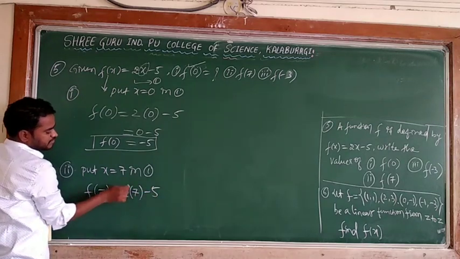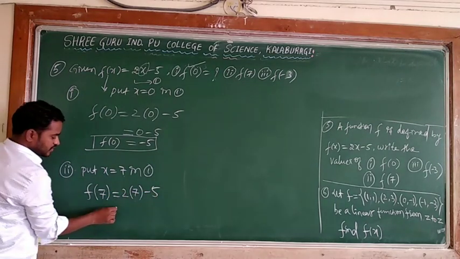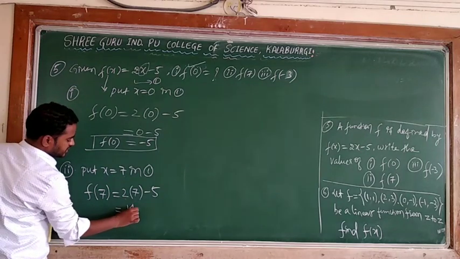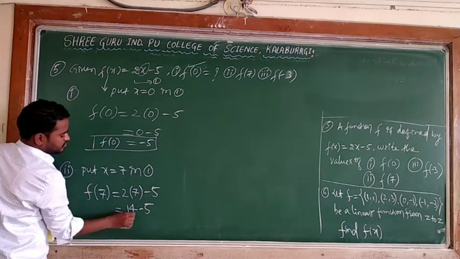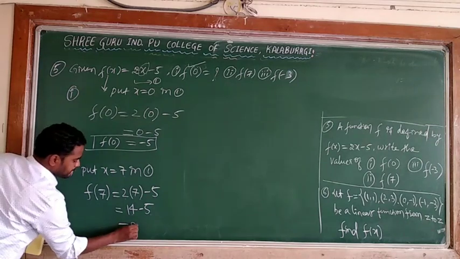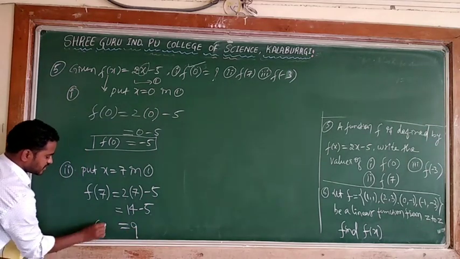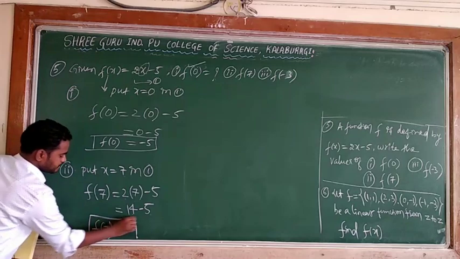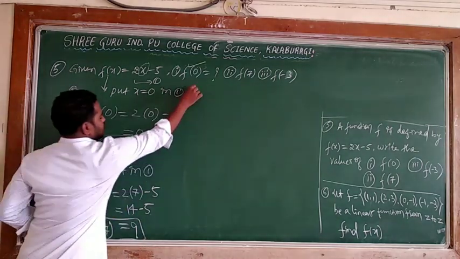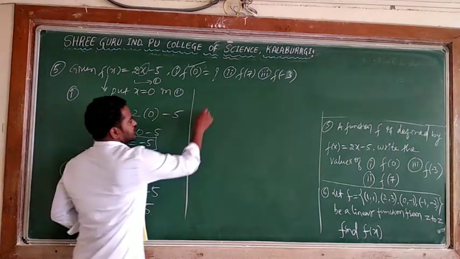In the place of x, I am replacing number 7. 2 into 7, 14 minus 5. How much is it? 14 minus 5 is 9. That is the f of 7 value. Is it clear? Okay.